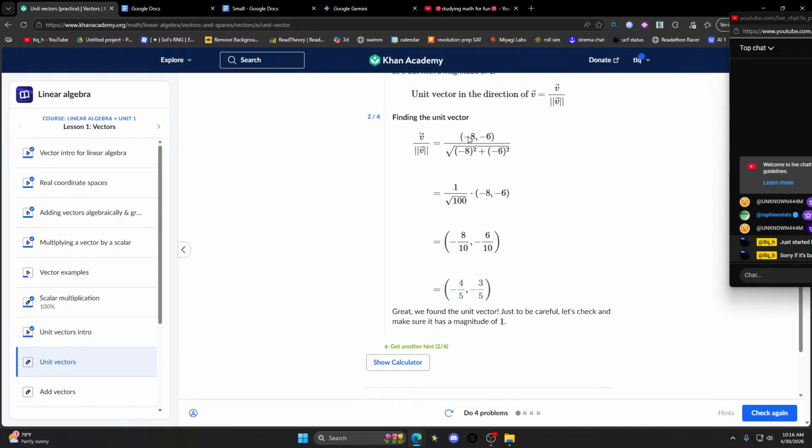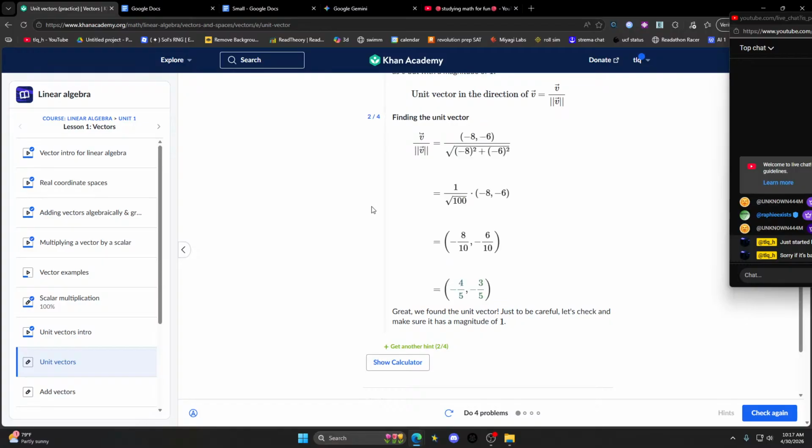Is it like you just take a square root of the number and then square them? Like, I kind of get it. Okay, so, and then you put, why is this 1 all of a sudden? What? -8 by -6 over what is essentially root 100, which is 10, is this over 10.